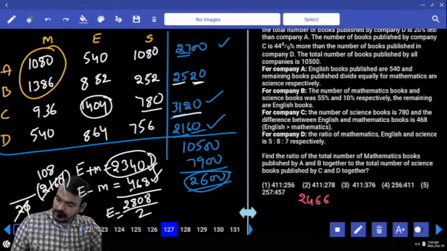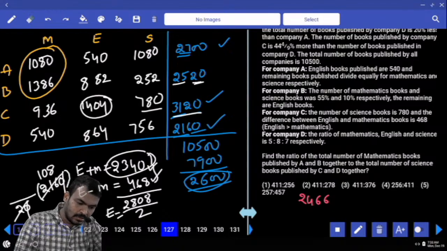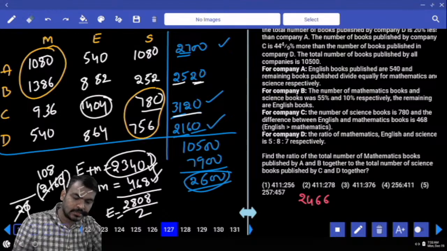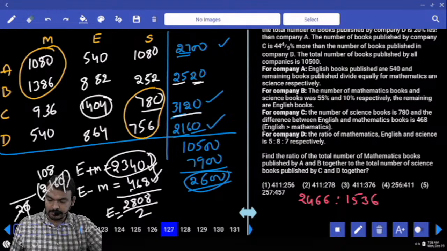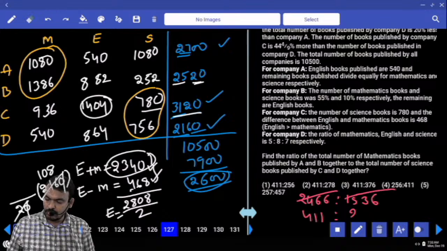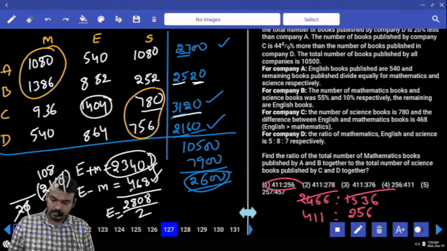Next, science of C and D, 780 plus 756, how much? 1536. Both are multiples of 6. 6 how many times? 411. 6 how many times? 256. Which option? First option.